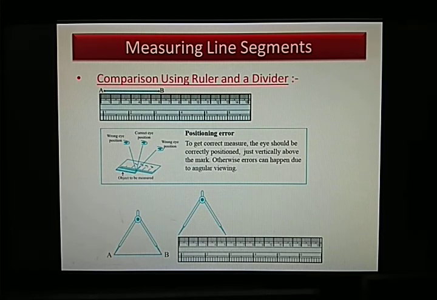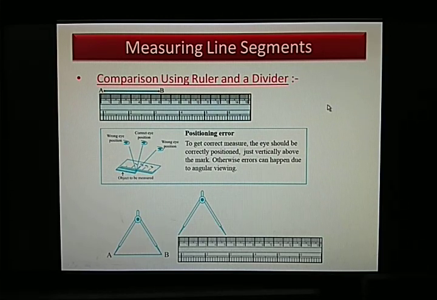So in this way you can measure line segments. Although we can measure a line segment by any of the three methods, for more accuracy and preciseness, the third method is most suitable, because the chances of error are very low. So I hope you have understood all the three methods.